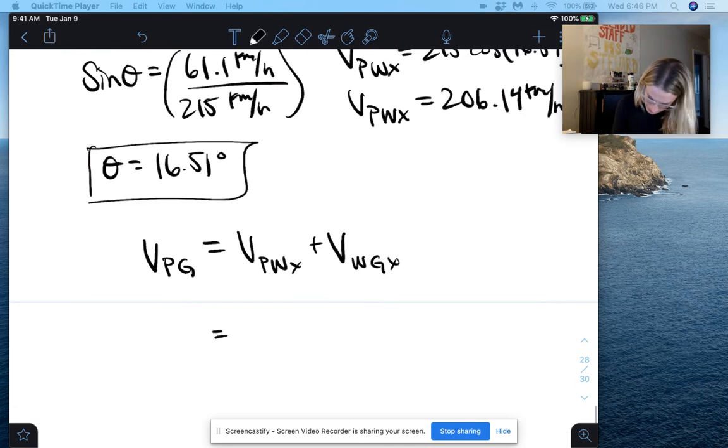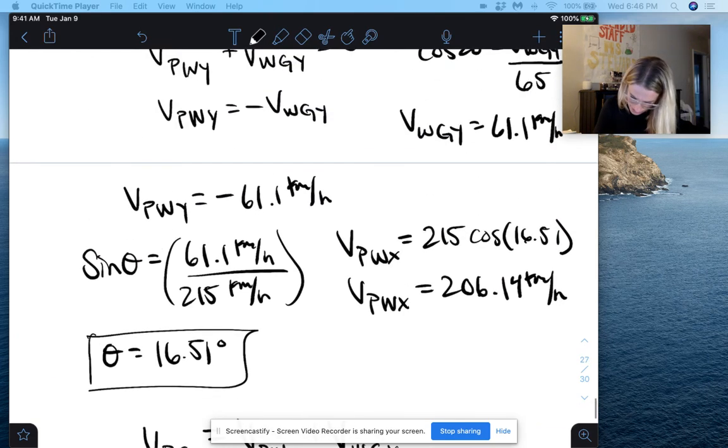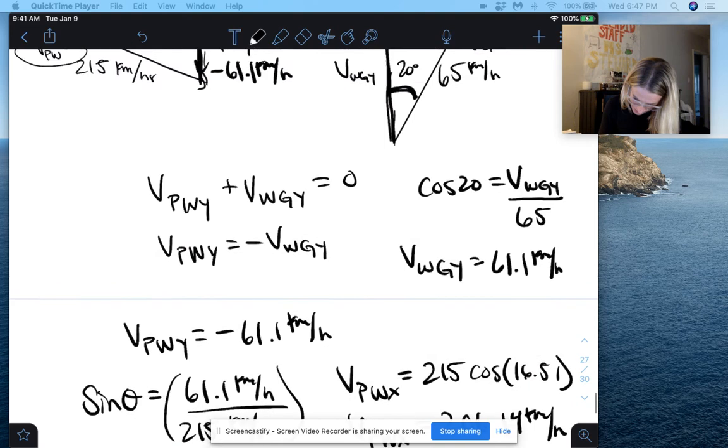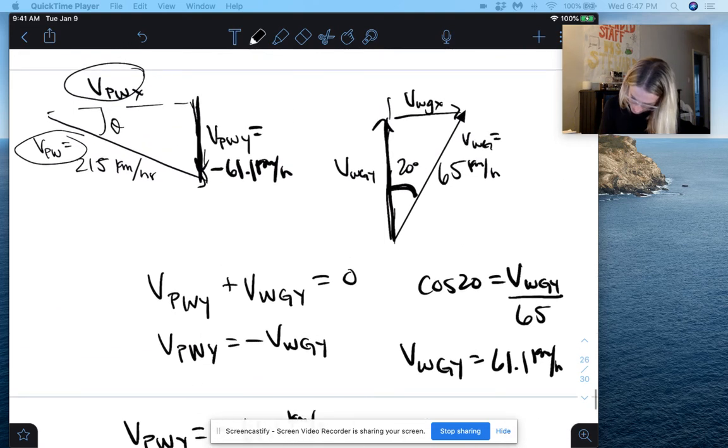Here, the velocity of the plane relative to the wind in the x direction was 206.14 kilometers per hour, plus the velocity of the wind relative to the ground in the x direction, which we haven't found yet, but we can find with our angle right here.